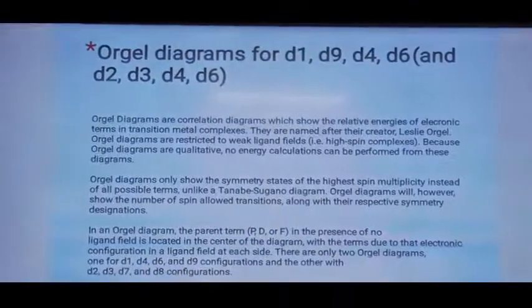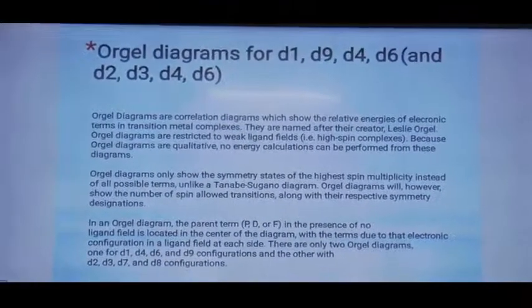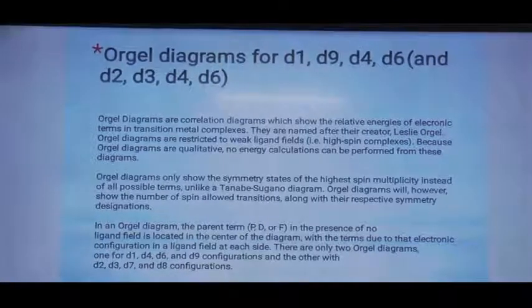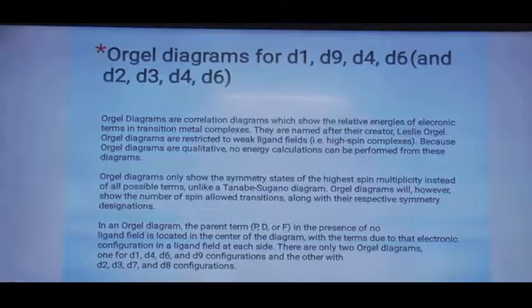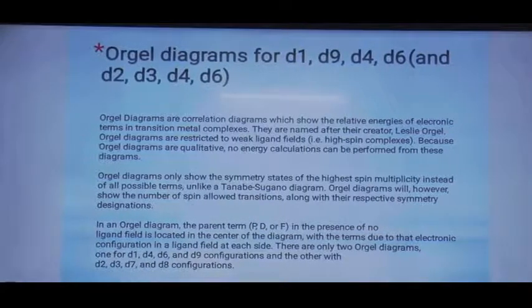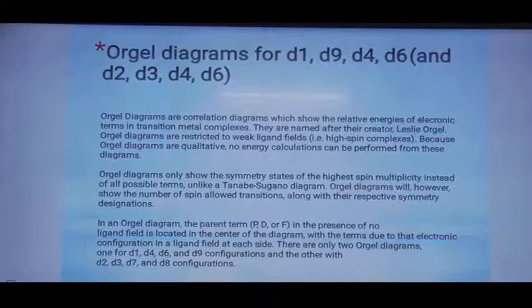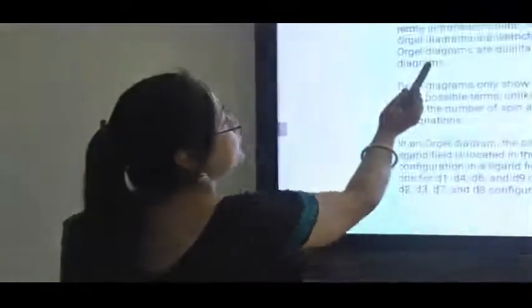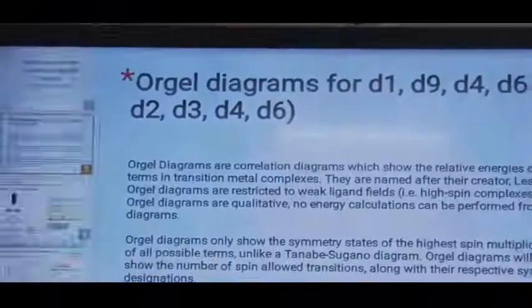Orgel diagrams for d1 up to d9 configurations can be studied, and they are named after their creator, Leslie Orgel. These are correlation diagrams which show us the relative energies of electronic terms in transition metal complexes.